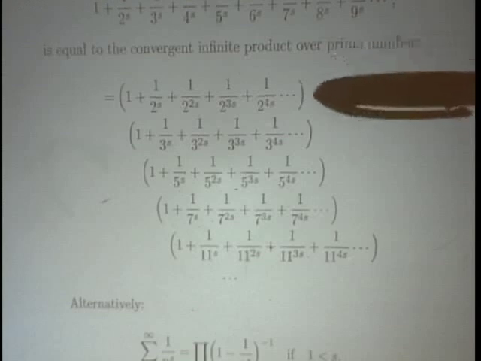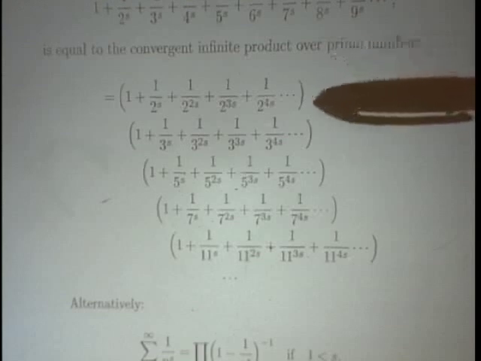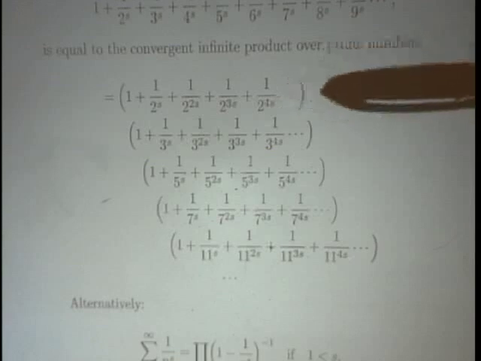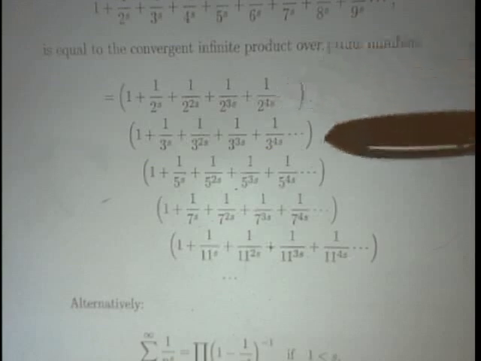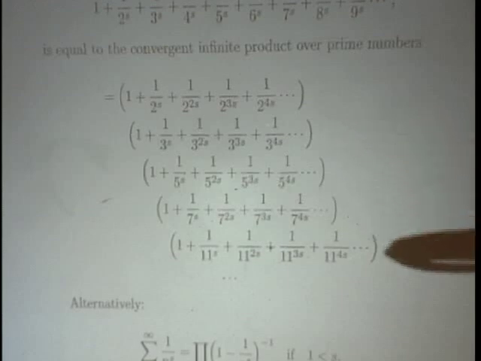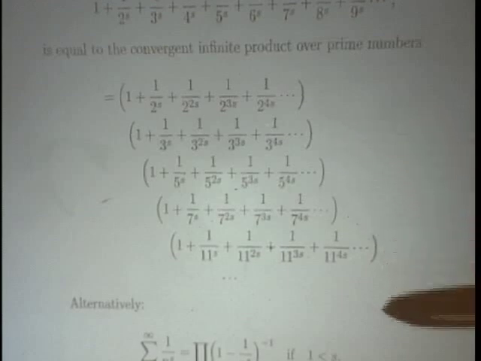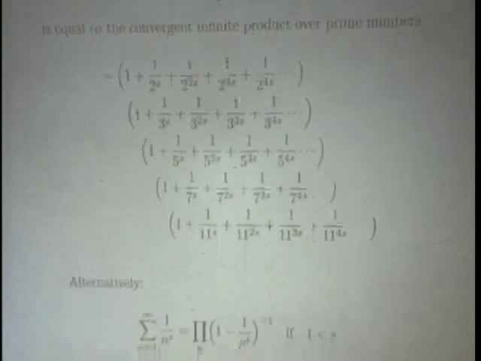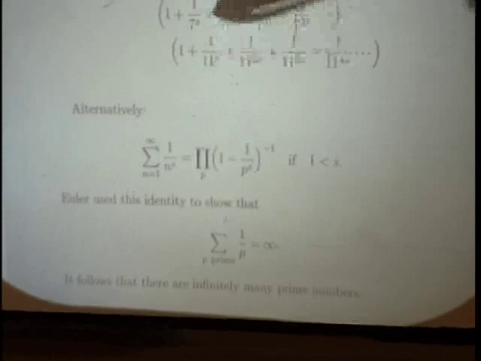But you'll notice this expression inside the first pair of parentheses depends on the first prime number 2. And the next expression depends on the next prime number 3. And then 5 and 7 and 11. And 13 and 17 and so forth come next. So in effect, these functions of s that are appearing here depend on the prime numbers.